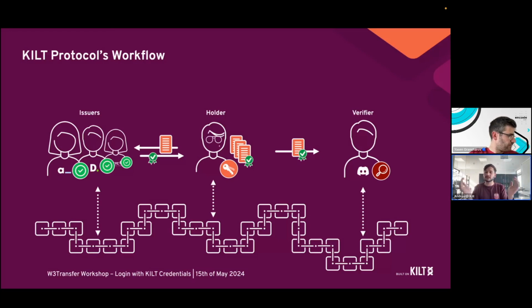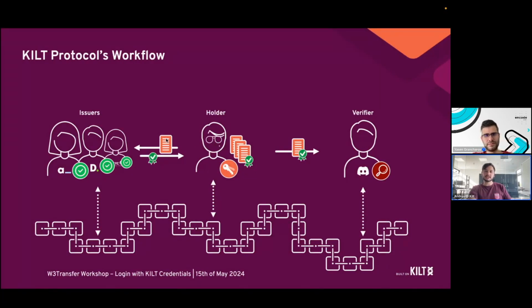So we're going to focus on the holder. That's the regular user. It has a DID, it has the keys, and it wants to get some credentials. I hope you can see my mouse here in the middle. He wants to get the credentials. How does he get his credentials? He has to get them from an issuer.